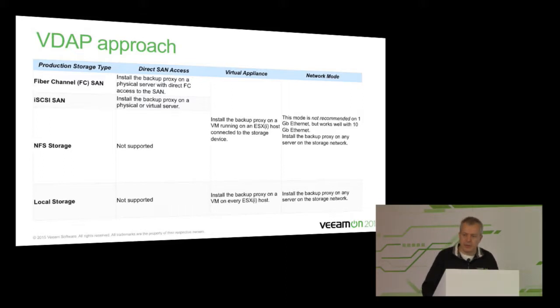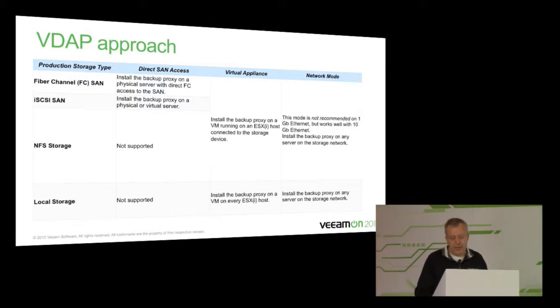Usually, the network mode has some performance issues if you are working with 1 gigabit Ethernet, but if you have 10 gigabit Ethernet, it can probably be the best solution, because compared to the virtual appliance, it does not spend the time to add all the VM disks to the virtual appliance proxy.